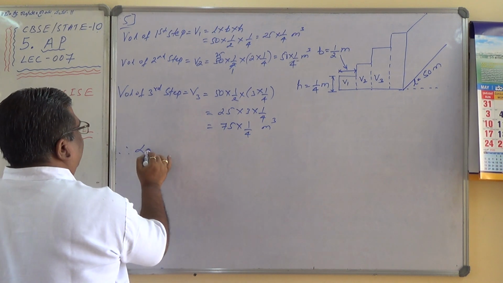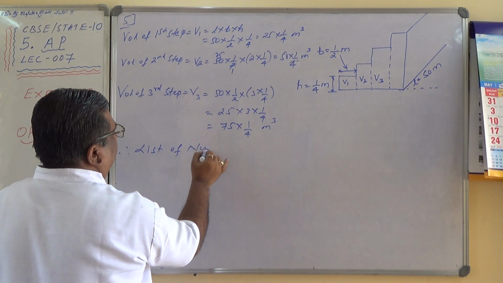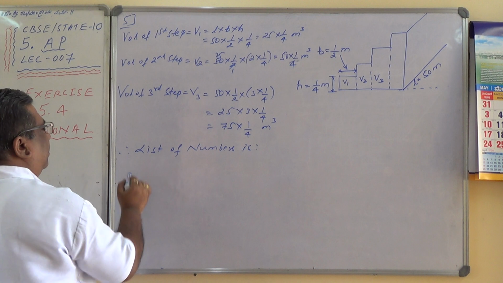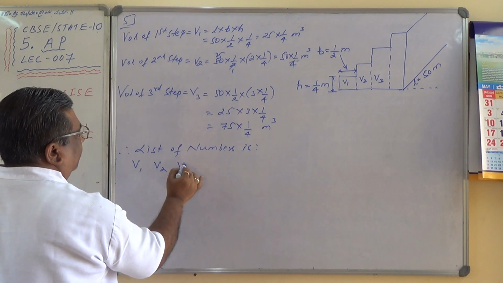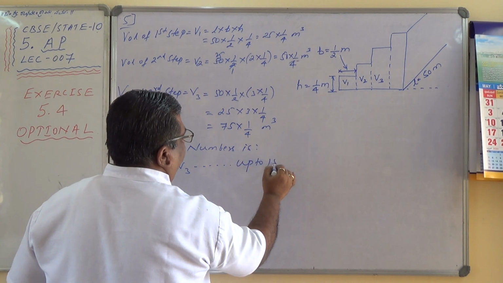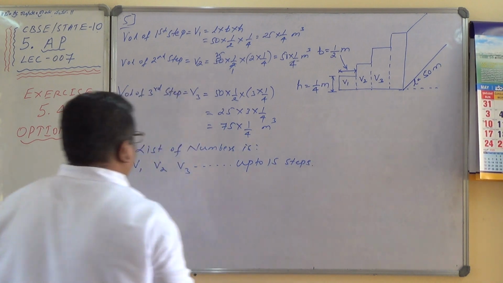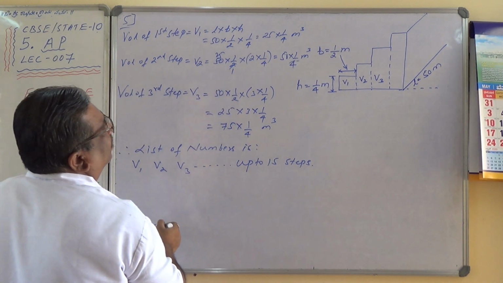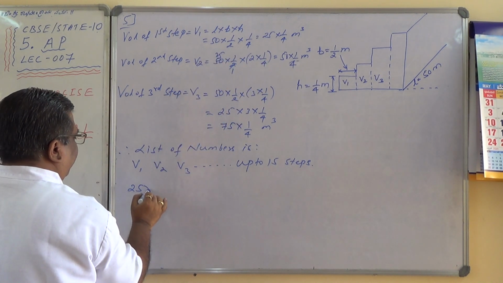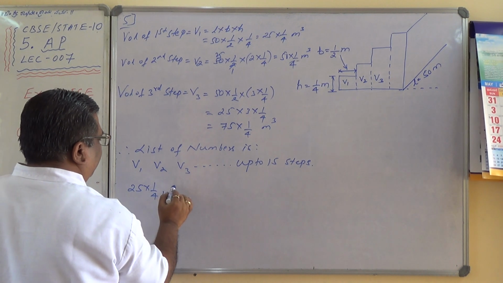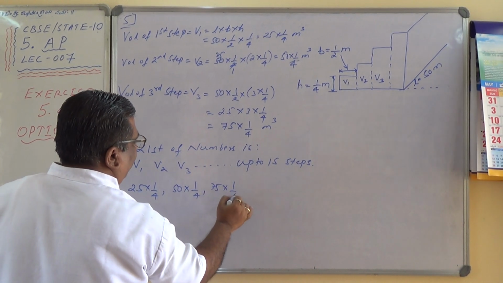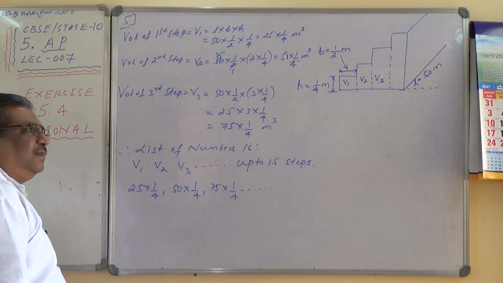Therefore, the list of numbers is V1, V2, V3 up to how many numbers? Up to 15 steps. So what is V1 here? V1 is 25 into 1/4, V2 is 50 into 1/4, V3 is 75 into 1/4. It continues. Is it right?